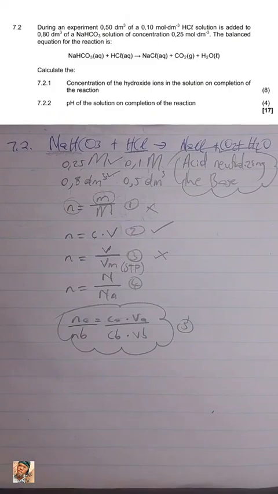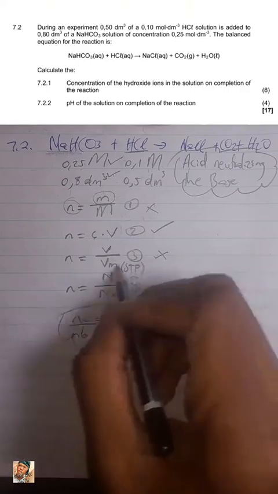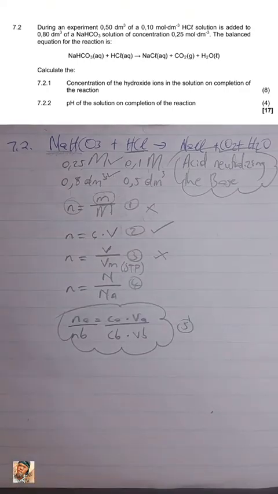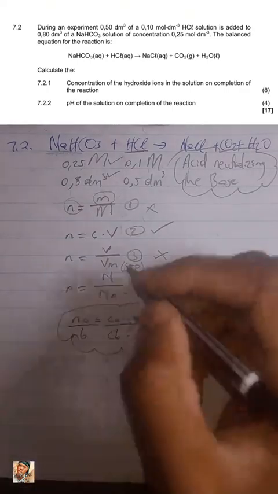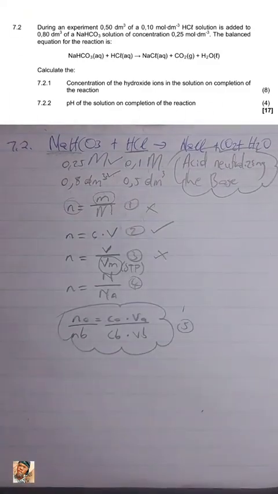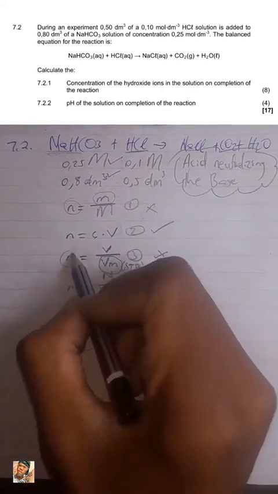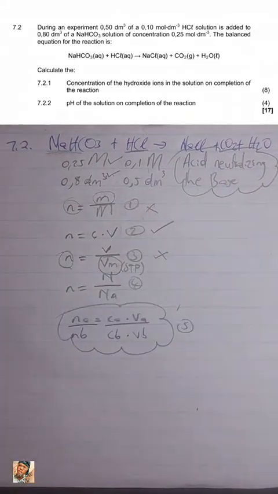So because we do not know the conditions of this reaction, we cannot assume that it is at STP. We mustn't assume that it is STP. That is why the molar gas volume is relevant, and we do not know what it is in this specific question. So now we have two unknowns. That is why we cannot utilize equation number 3.